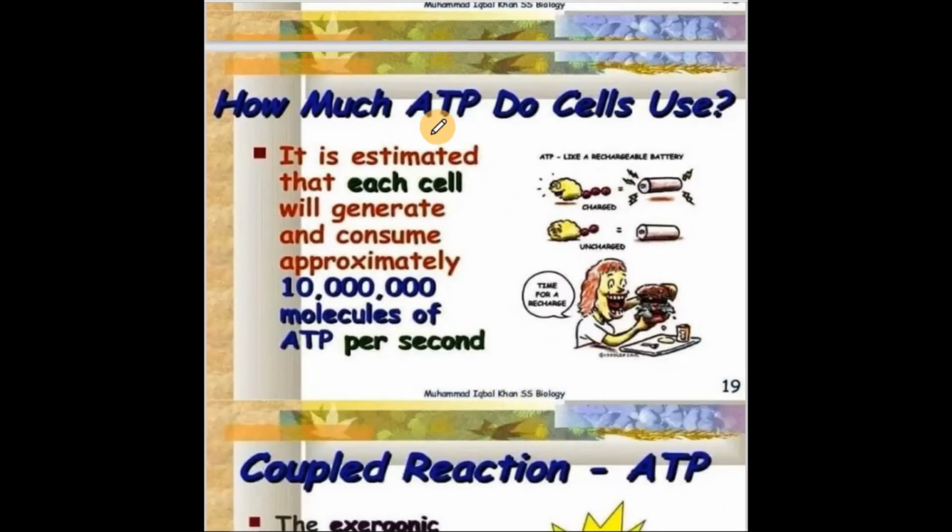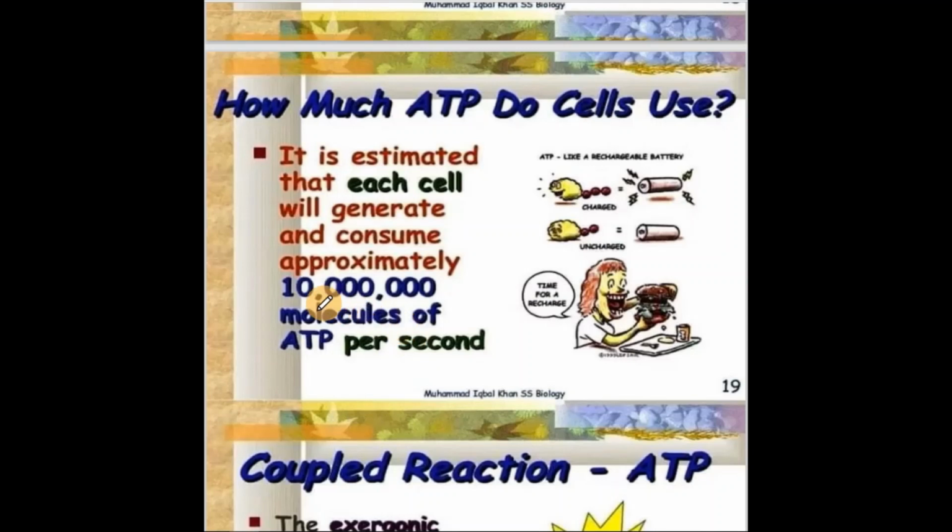So how much ATP does the cell use, or how much ATP does the cell need? It is estimated that each cell will generate and consume approximately 10 million molecules of ATP per second. That shows how the body has a high demand for ATP.